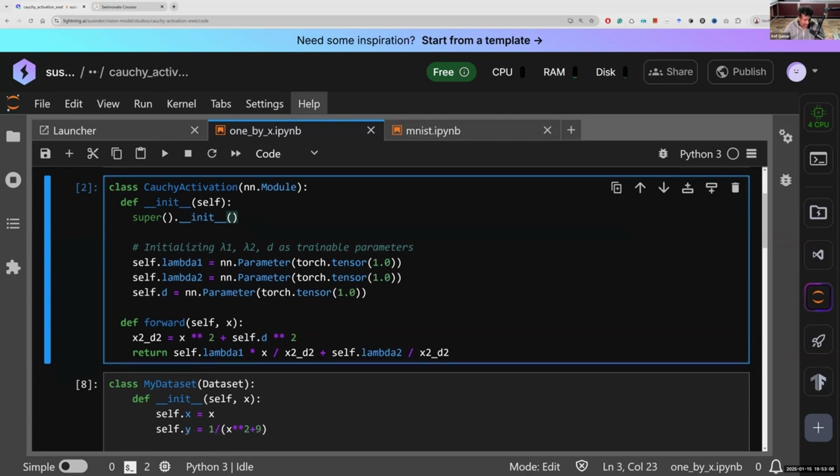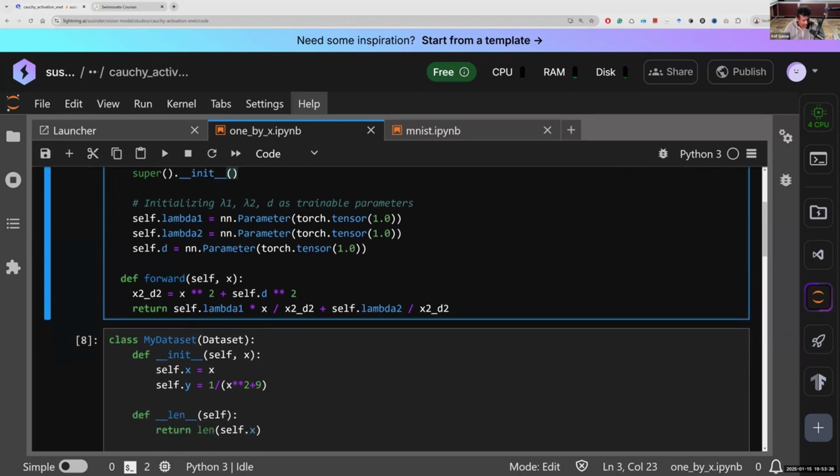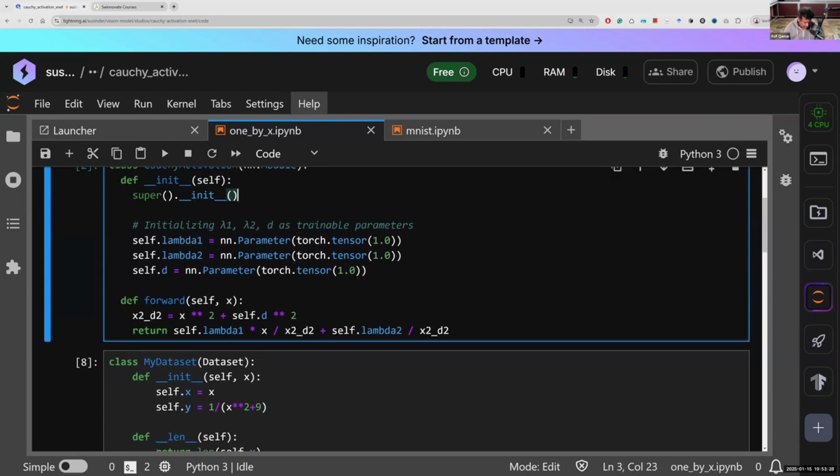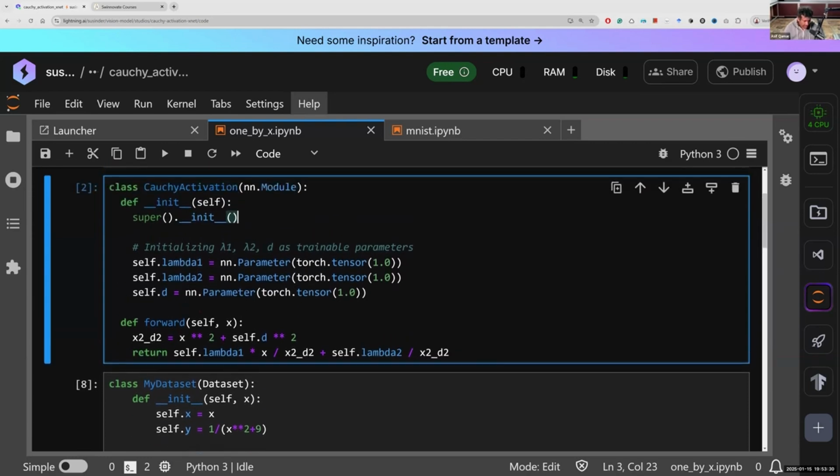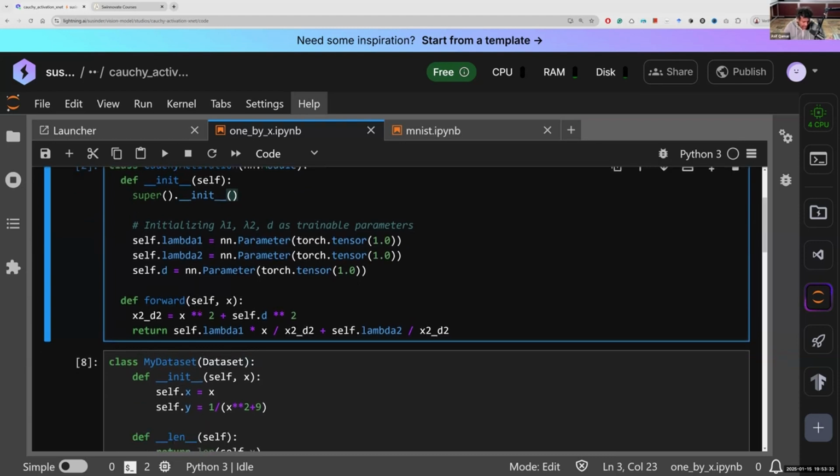In the initialization, you just have to define 3 parameters: lambda1, lambda2, and a d parameter, and these are all one-dimensional parameters. The initial value I'm putting is 1.0 for lambda1, lambda2, and d. Then you have to define a forward method, which is supposed to give the output of that activation function.